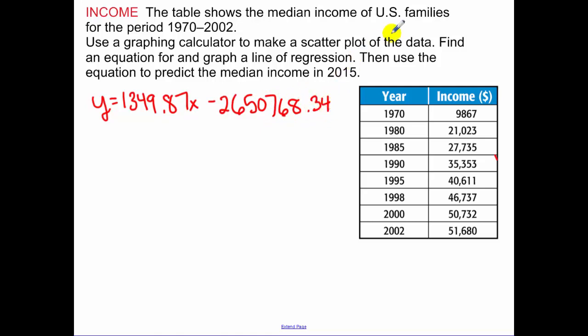So we've done our scatter plot. We found the equation for and graphed the line of regression. We need to find R. The calculator is going to do that for us. I'm going to show you guys how to do that in a minute. We need to still graph our line and use that to predict our median income in 2015.